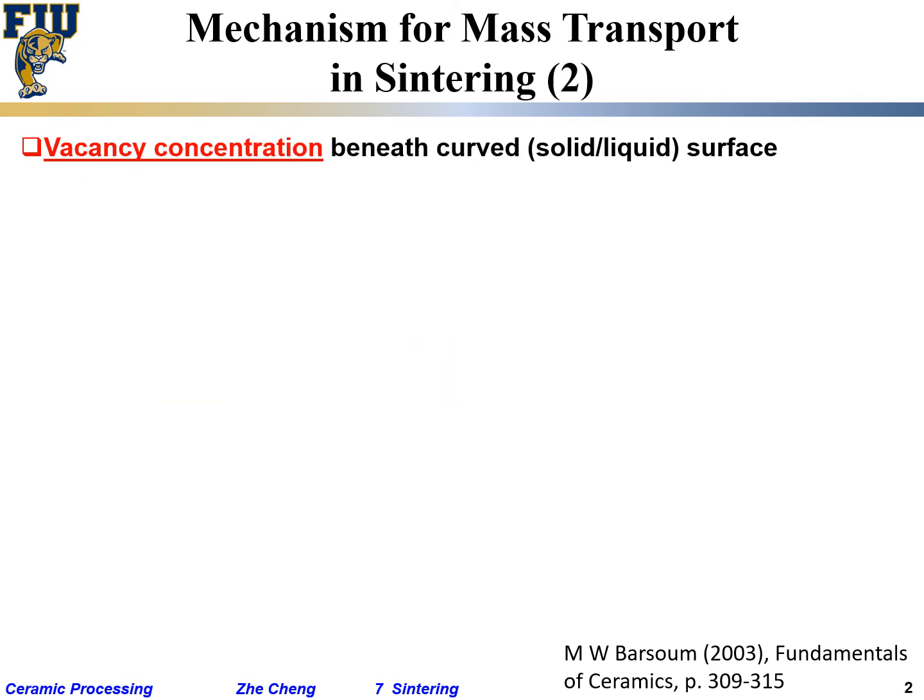The other one is about vacancy. We said solid material, although most of them are crystalline, always has some missing atoms, also called vacancies, within them. And for the vacancy beneath a curved surface, whether it's solid or liquid, we have a similar type of equation.